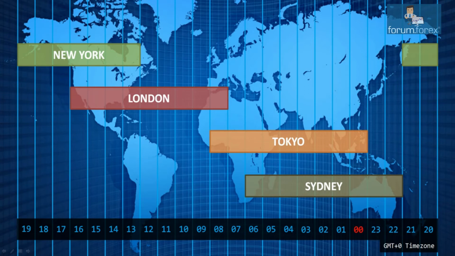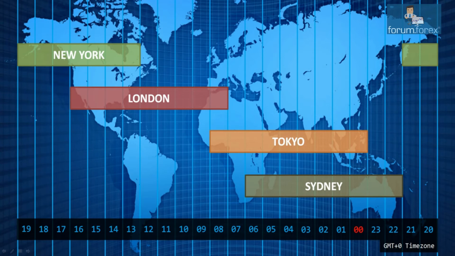This slight overlap means that all of the crosses of European currencies and the Japanese yen will have their highest volatility at the start of the European session. So if you're trading the British pound Japanese yen, for instance, you can simply carry out a few very powerful trades between 8 a.m. and 9 a.m. GMT, and then you're free for the day.